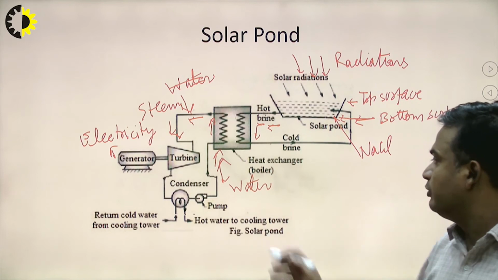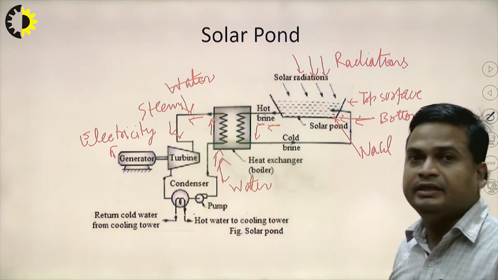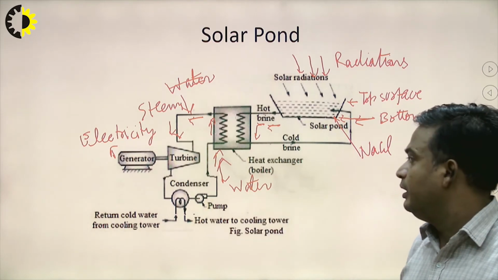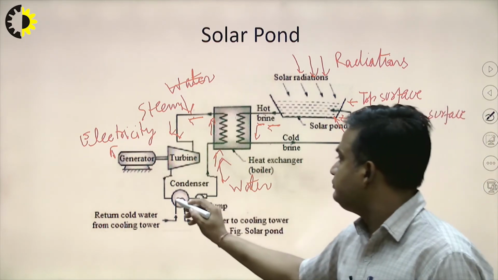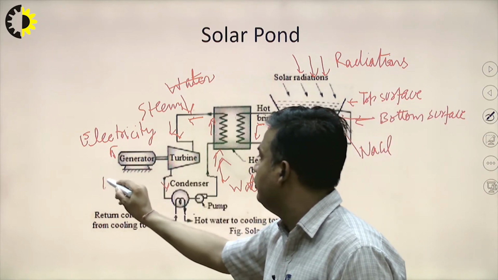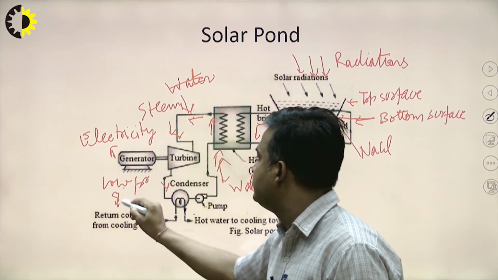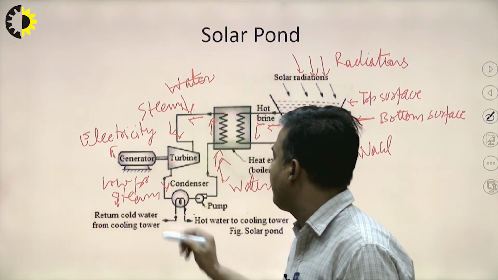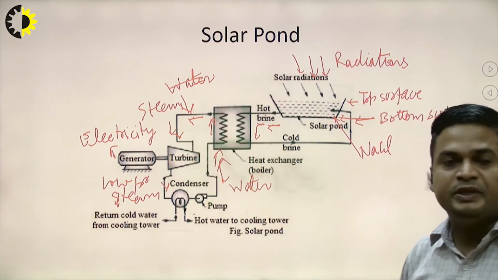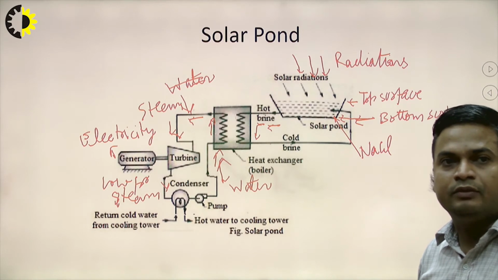Here the cooling water circulating takes the energy from this low pressure steam, and this hot water is sent to the cooling tower.